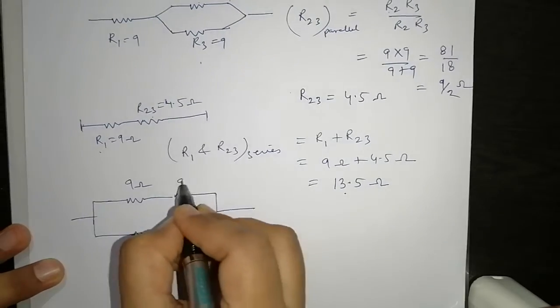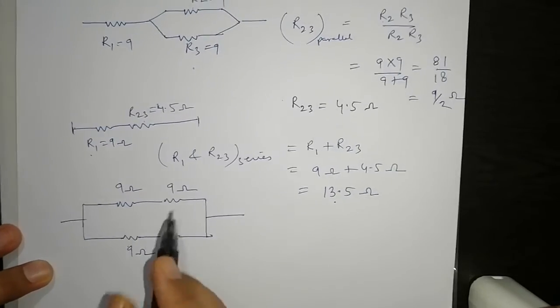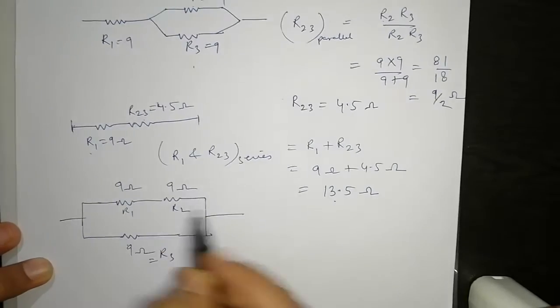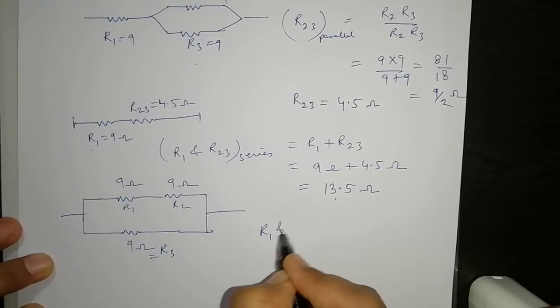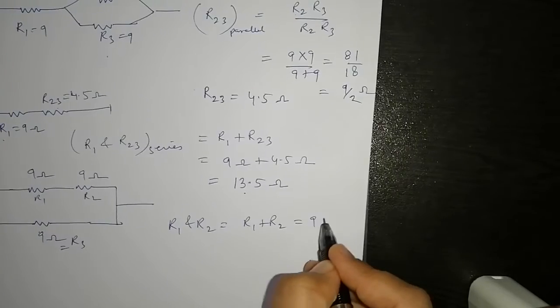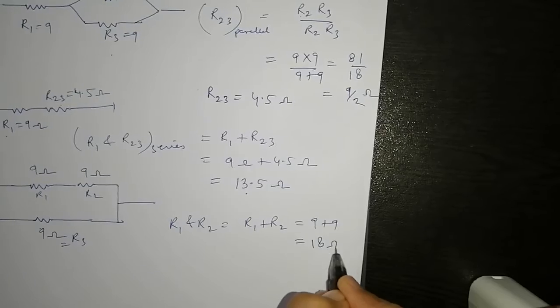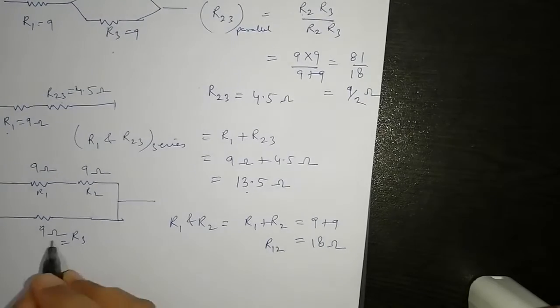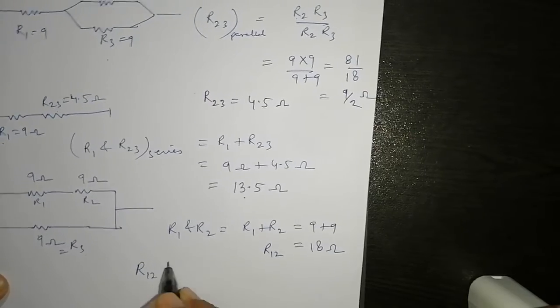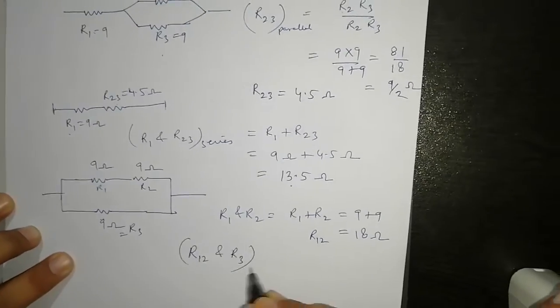So 9 ohm, 9 ohm and 9 ohm. Let me say R1, R2 and R3, right? So R1 and R2 are in series. So R1 plus R2, that is 9 plus 9, is 18 ohm. So this is R12, and R12 and R3 are now in parallel.